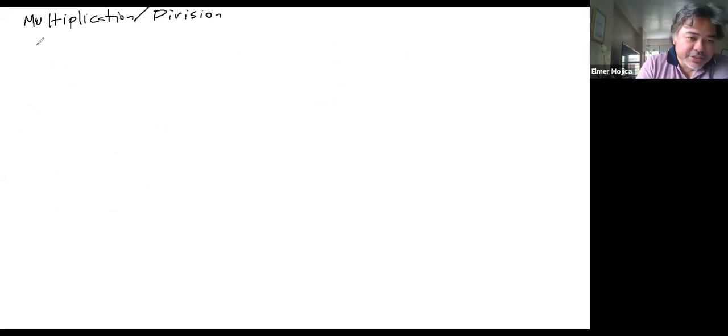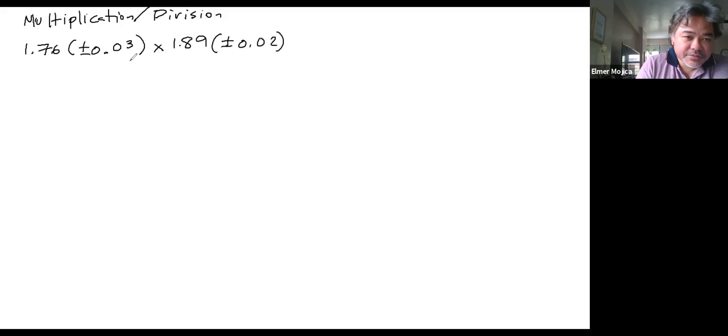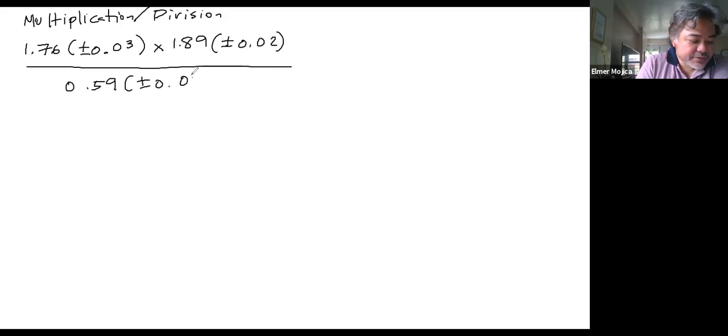So let's say we have a given number like this, 1.76 plus or minus 0.03 times 1.89 plus or minus 0.02 over 0.59 plus or minus 0.02. In multiplication and division, you can do it in terms of relative uncertainty.